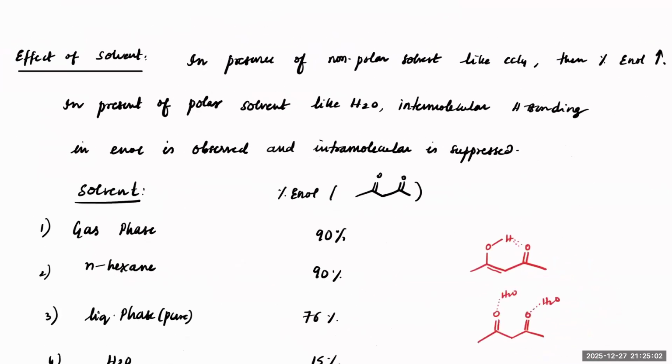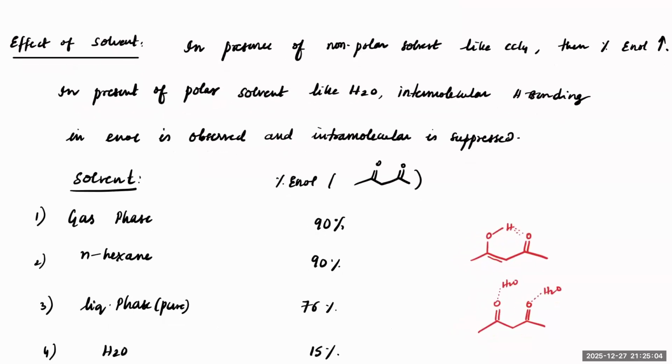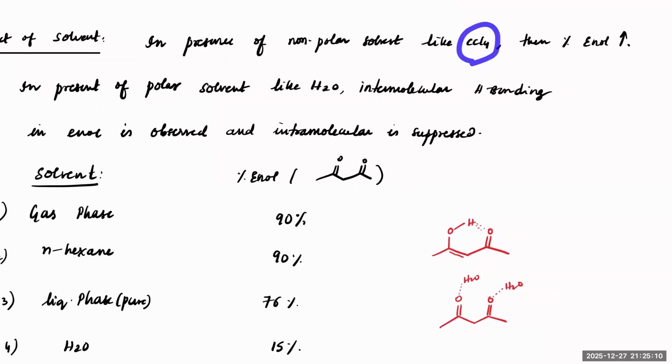See, next, what is the effect of the solvent in this tautomerism? See, in the presence of non-polar solvent like CCl4, the percentage enol increases. The percentage enol will always increase in this case. Okay.